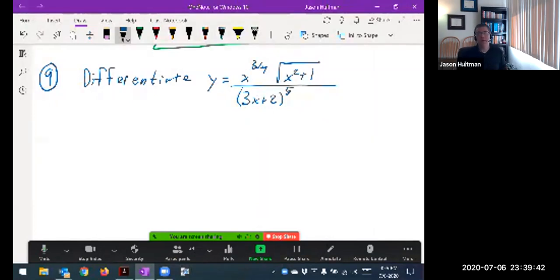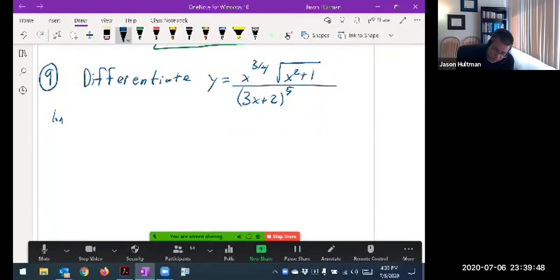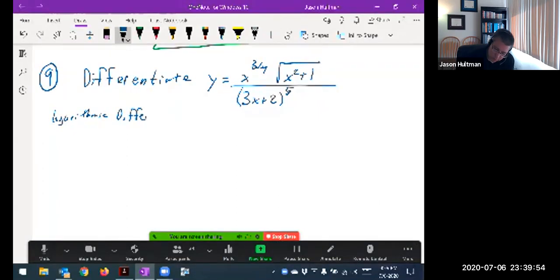So we want to differentiate this. What we're going to use is something called logarithmic differentiation. The way that we do that is we take the natural log of both sides.